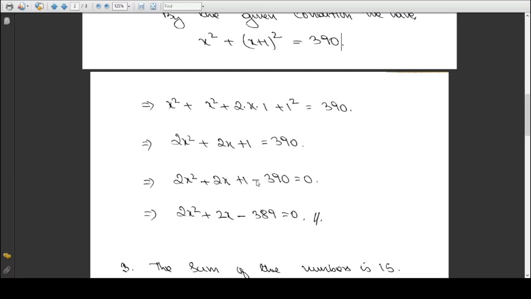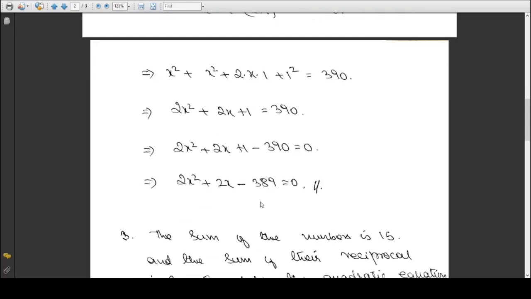Since 1 is plus and 390 is minus, you have to subtract. 390 minus 1 is 389. Which sign is greater? It is the minus sign, therefore you will get minus 389. On the right side it is 0. This is the equation that we have just formulated for the given condition.